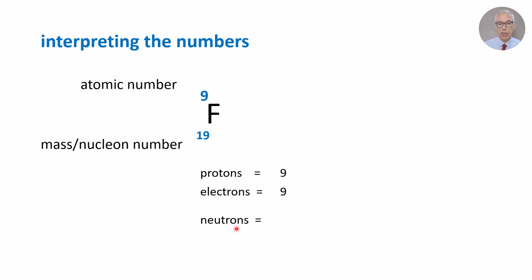But how do we work out the neutrons? Well, we know the total nucleon number is 19, but 9 of those nucleons are protons. So 19 minus 9, nucleons minus the number of protons, gives us 10 neutrons. So in the nucleus, we've got 10 neutrons and 9 protons, giving us a nucleon or mass number of 19.